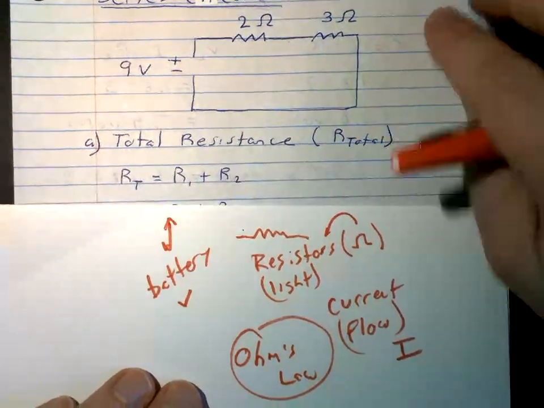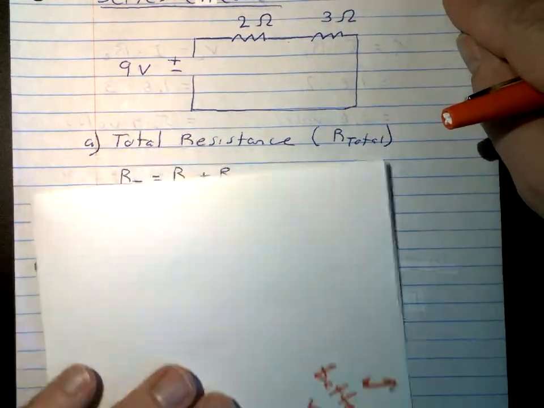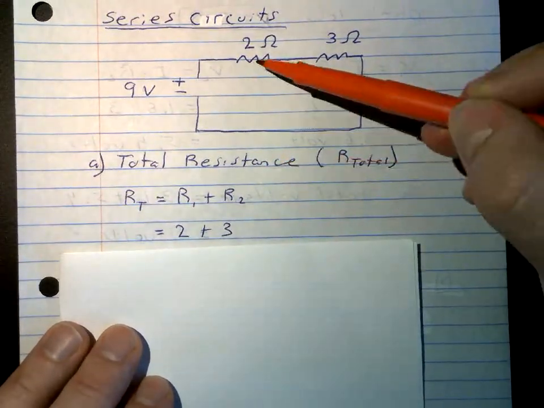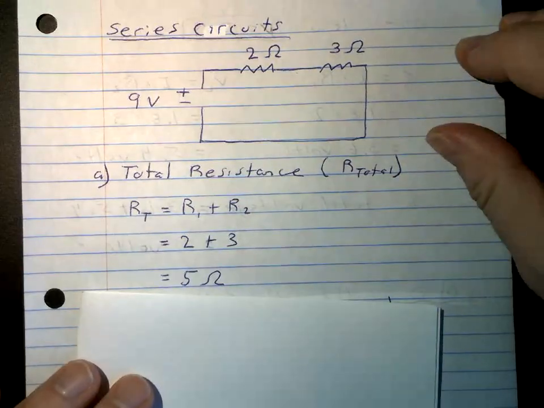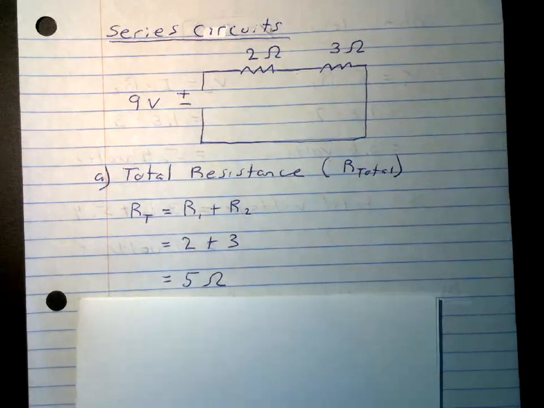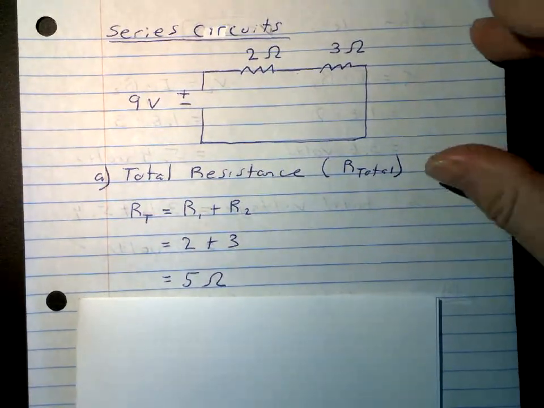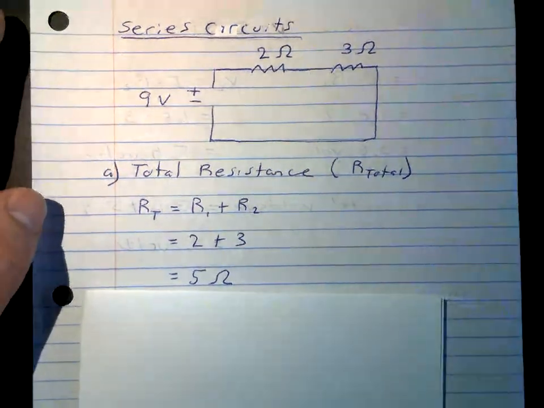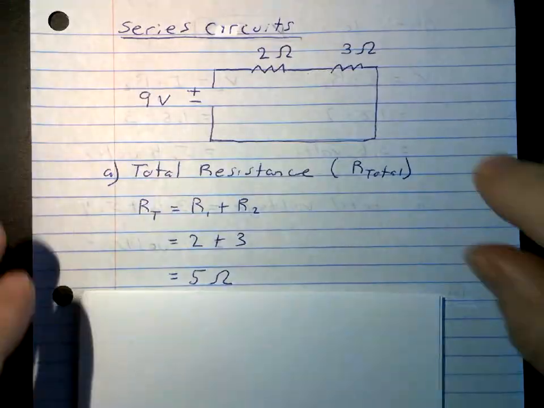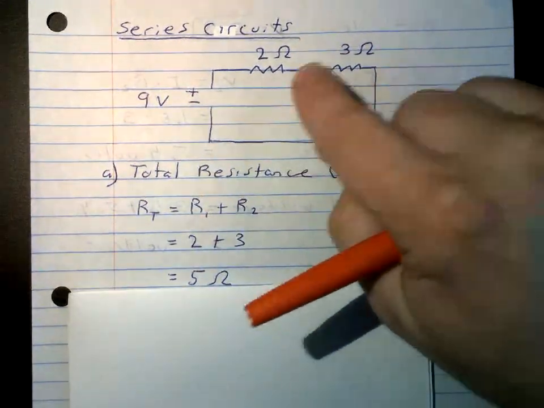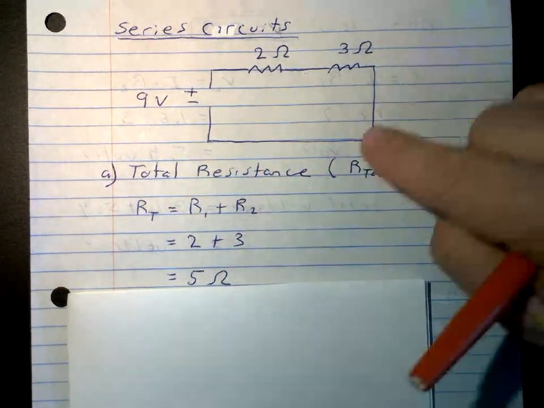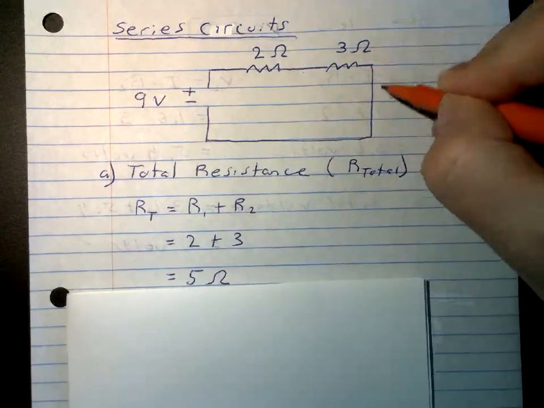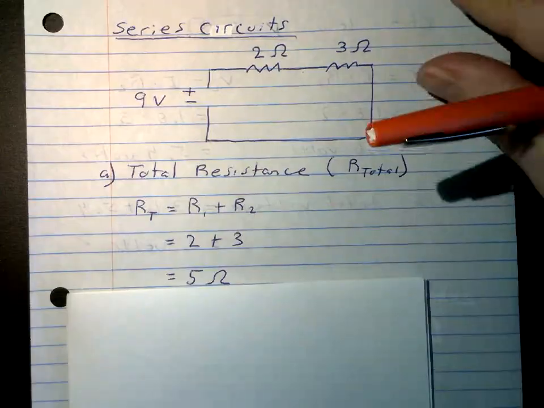That's how you write it to explain it. 2 plus 3, well, the total resistance is 5. Let's just make it simple: add up all of the resistance around. If you had another one here, another one there, you just add up all those numbers, and we get the total resistance.